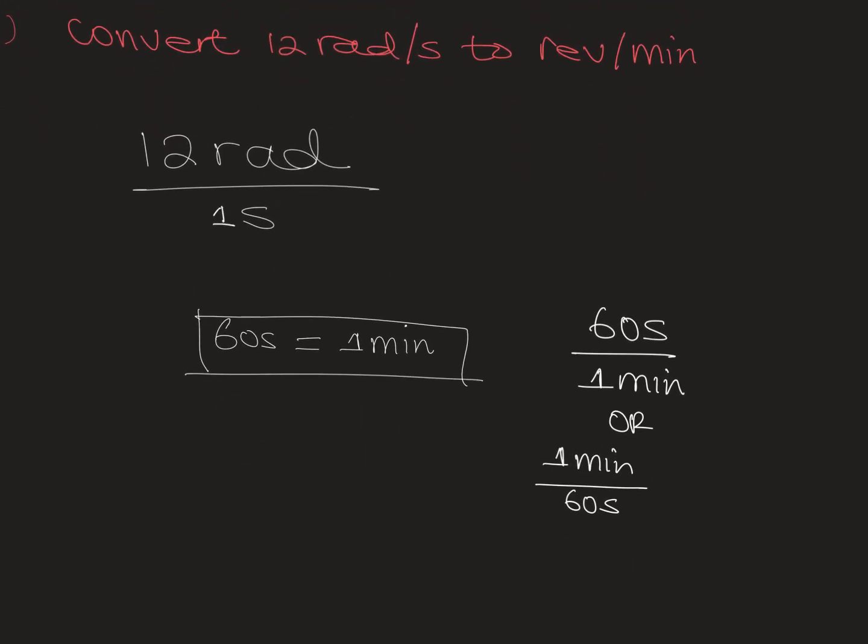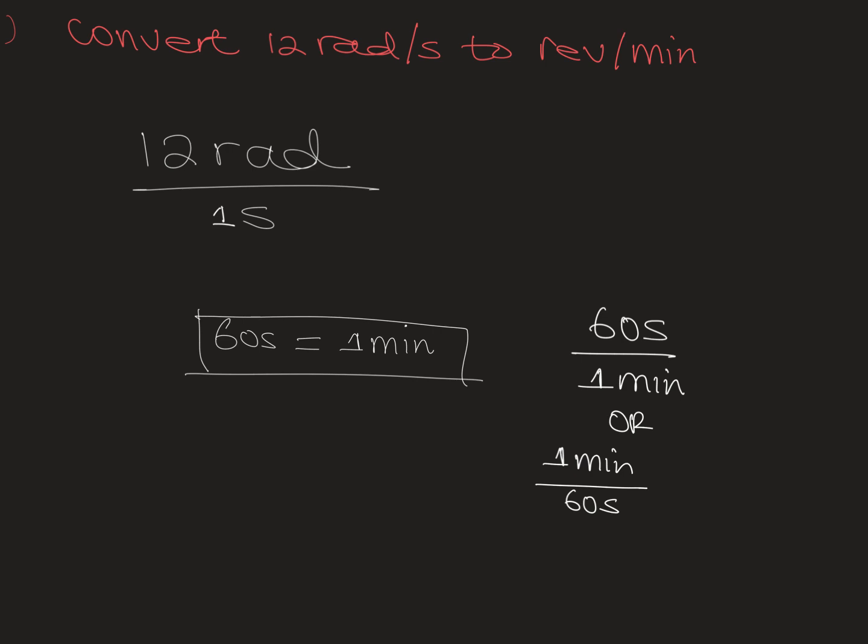Well, we have time here expressed as a denominator. So in order to be able to cancel it out, we have to use where we have time as a numerator. And in that case, it is the 60 seconds divided by 1 minute.